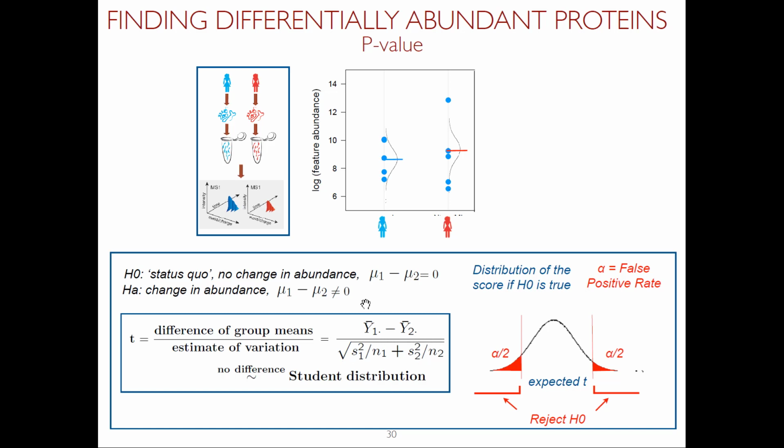On the other hand, if the signal to noise is large, let's say group 1 has the protein highly upregulated, we will have some value which is quite far away. This is 0 in the center, so quite far away from 0. Then we say, wait a minute, this is a very unusual value for this expected range of values, right? So what happens? Well, our assumption that there is no difference between the groups is wrong.